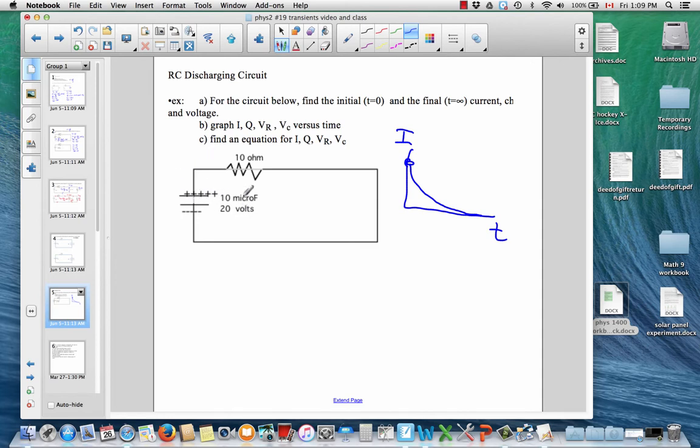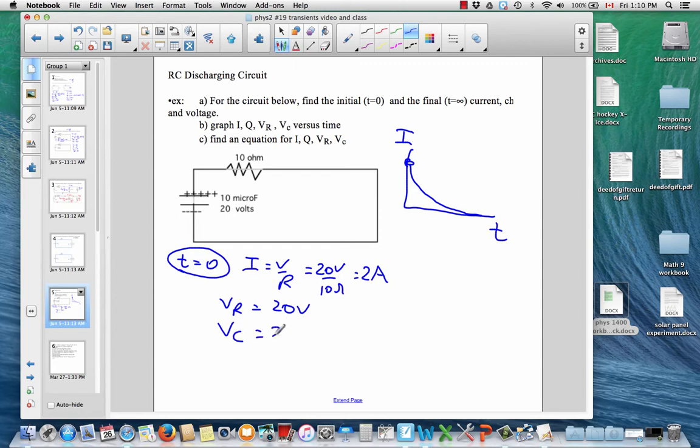So with this thing charged up, you can see it's charged up to 20 volts. So the time 0 quantities can be found. The current in this circuit will just be V over R. That's 20 volts across a 10 ohm resistor, so it's going to start at 2 amps. Resistor voltage will be equal to capacitor voltage by the Kirchhoff law.